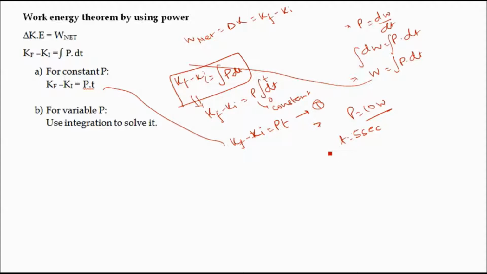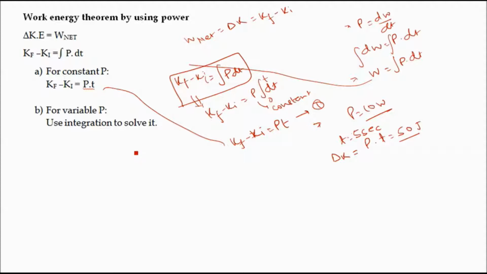So change in kinetic energy is simply the multiplication of power into time t, and from there we get change in kinetic energy is equal to 50 joule. Again, as the power is positive, clearly the work done on the body will be positive, and it will increase its kinetic energy.